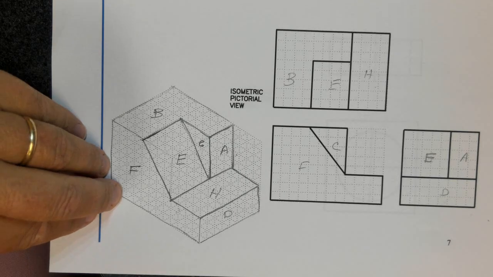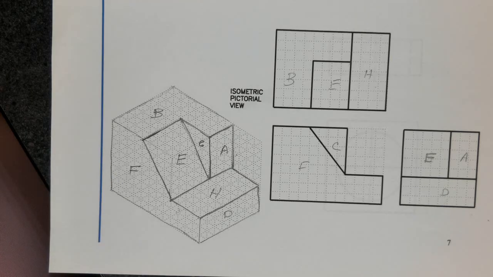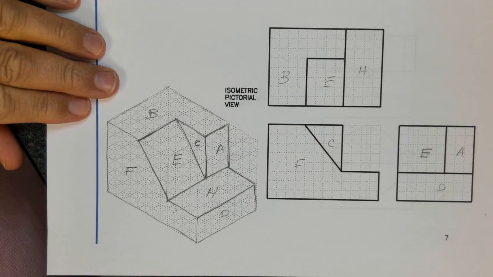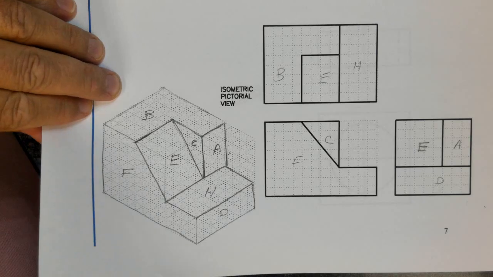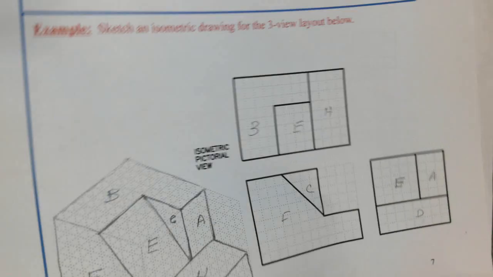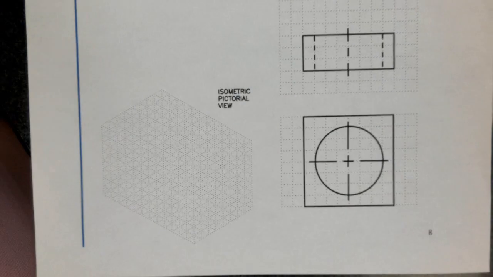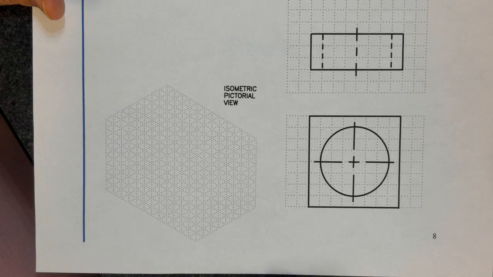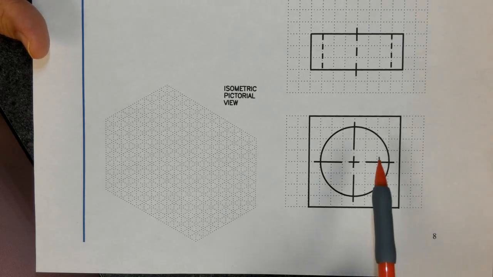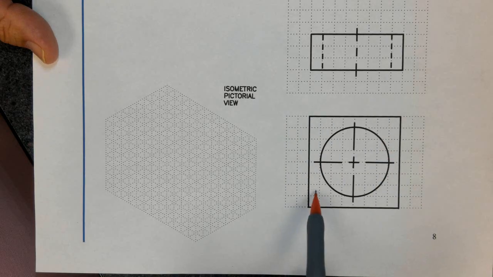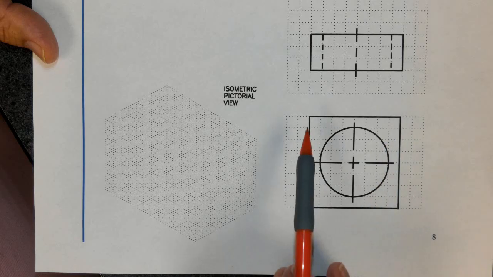All right, last slide. Can I turn the page now? This is pretty easy with the exception of the hole. Okay, so I'm going to lay out the block first. This is 8 by 8 square.